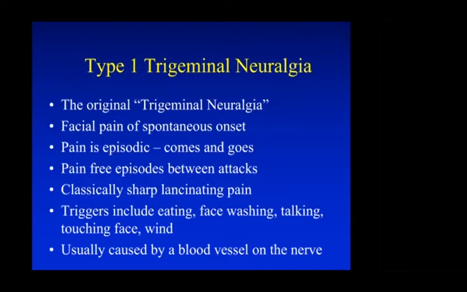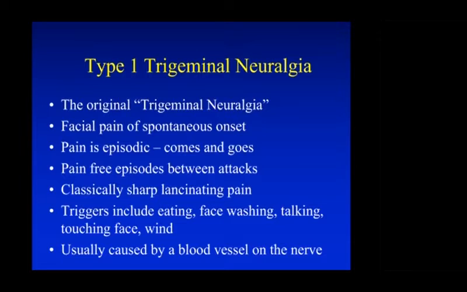A patient with type 1 trigeminal neuralgia has facial pain of spontaneous onset. What does that mean? That means the pain just came out of the blue. They didn't have a recent surgery or recent head trauma. The pain started, and there's no precipitating event.